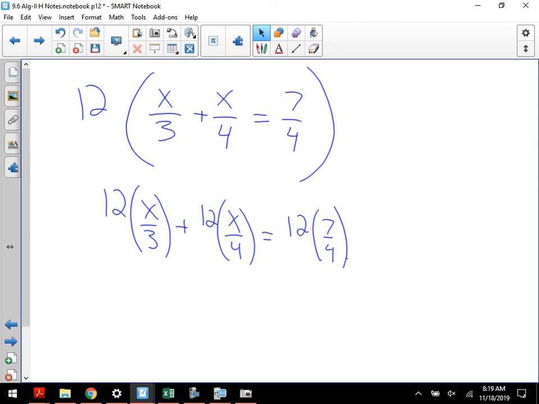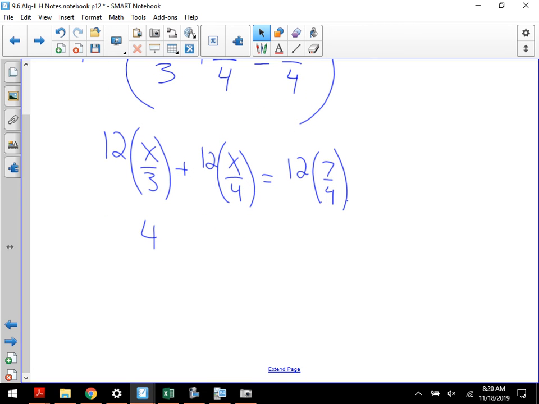Long form, that's what's happening. Shortcut wise, what do you multiply 3 by to turn it into 12? What do you multiply 4 by to turn it into 12? So in essence, you're multiplying this by that, and the fraction goes away.